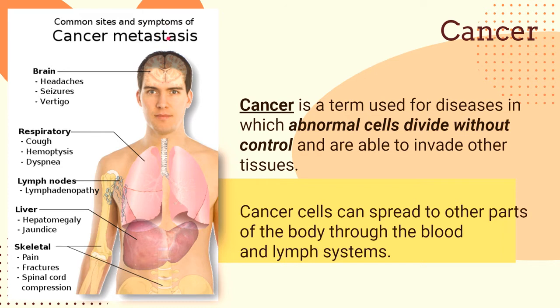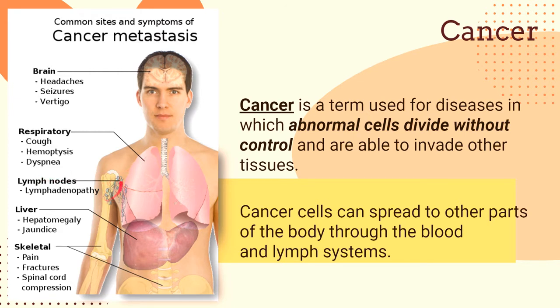So these are the common sites and symptoms of cancer and its metastasis. Brain cancer: the brain is the organ, and brain cancer could form from there. Symptoms would include headaches, seizures, and vertigo. Then for respiratory, cough, hemoptysis, and dyspnea can all become symptoms of cancer in the lungs.